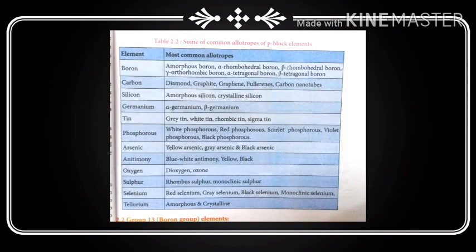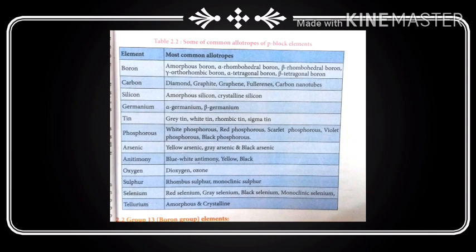Next one is allotropism in p block elements. P block elements show allotropism. That is, the different forms of an element are called allotropes. Already you know that carbon can exist as diamond, graphite, fullerene, etc. These are all the allotropes of carbon.